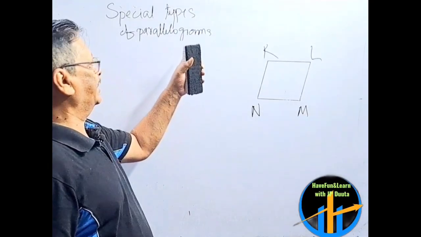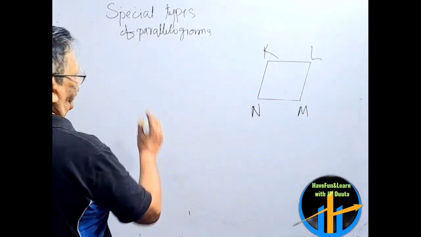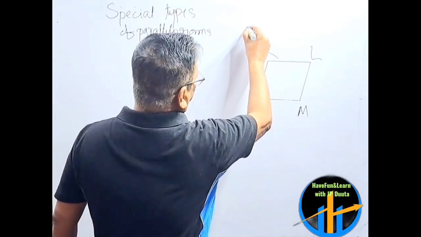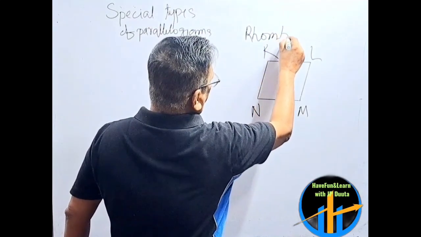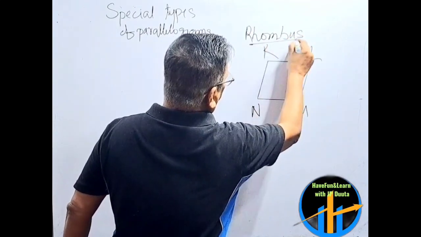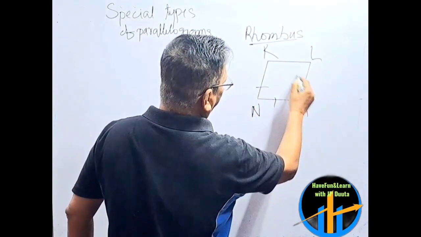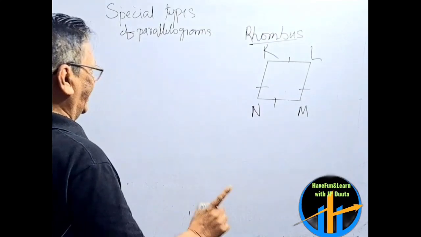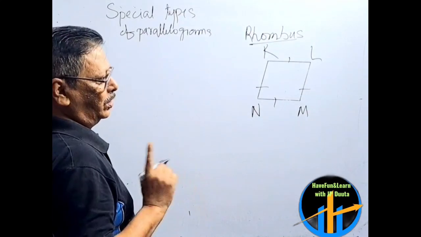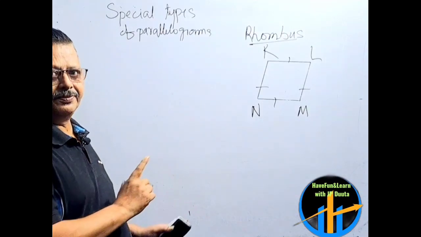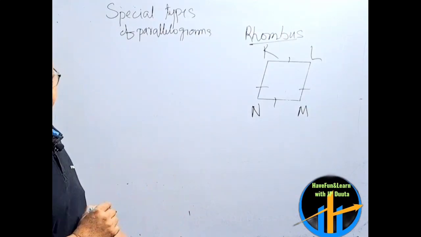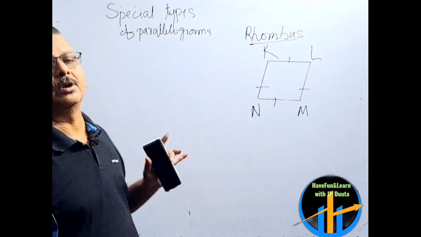Last in the special types of parallelogram is a rhombus. In a rhombus, all sides are equal, and since it's a parallelogram, all the properties of a parallelogram hold good, except the following, which I am writing down and which are true for a rhombus only.